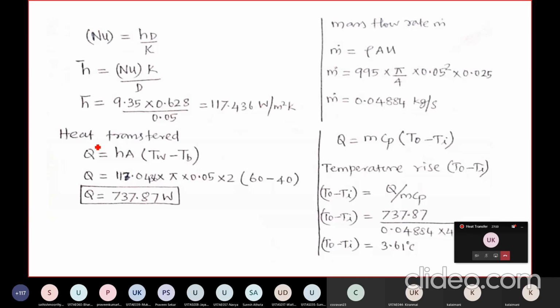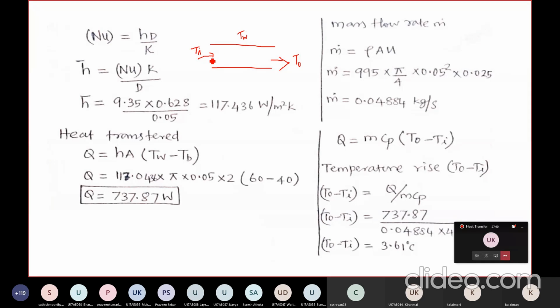Then what is the formula for heat transferred? Q is equal to h A into Tw minus Tb. In this case, the flow goes through the pipe; the flow comes in and goes out. The inlet temperature is Ti and the outlet temperature is To, but the wall is maintained at a constant wall temperature Tw.